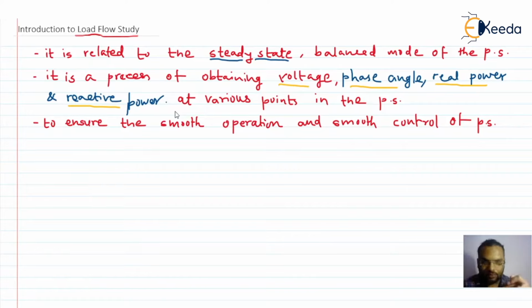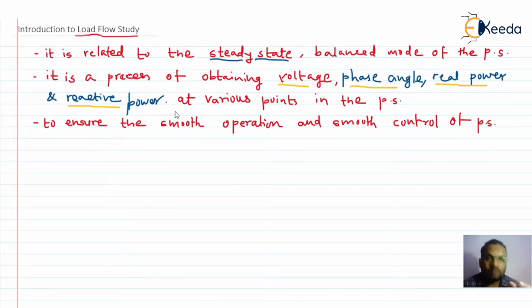The first thing that you should remember about the load flow study is that it is related to the steady state or the balanced mode of the power system. Second thing is that it is the process of obtaining voltage, phase angle, real power and reactive power at the various points in the power system.